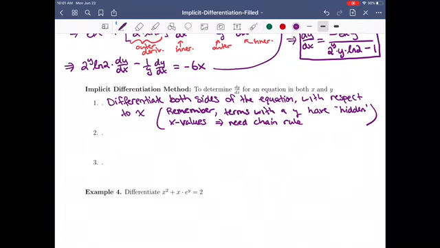And then for steps 2 and 3, I could just write solve for dy dx, or y prime, whatever you're using. But to make it a bit more explicit, we want to collect the dy dx or the y primes, whatever you're using, on one side of the equation.